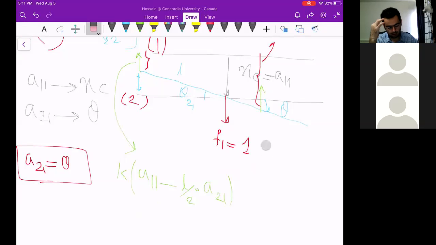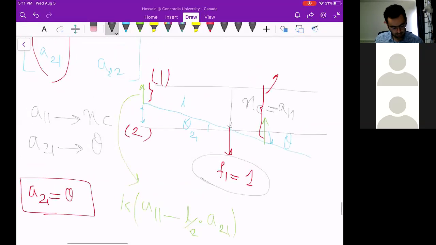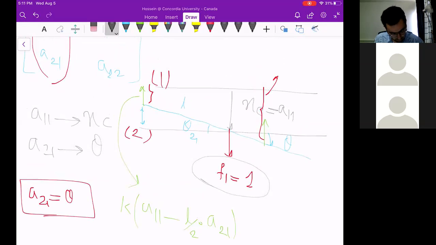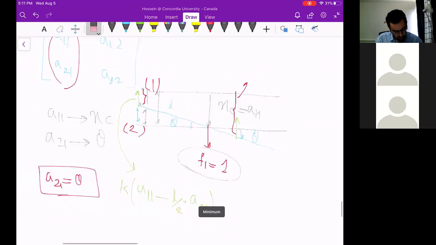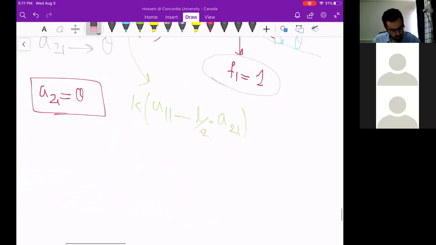One is F1, which is 1, and there are two spring forces that oppose the motion. I have just found the total deformation. For the left spring, it just comes from this point to this point. So this deflection is A11 minus half L multiplied by theta 21. Exactly, theta.